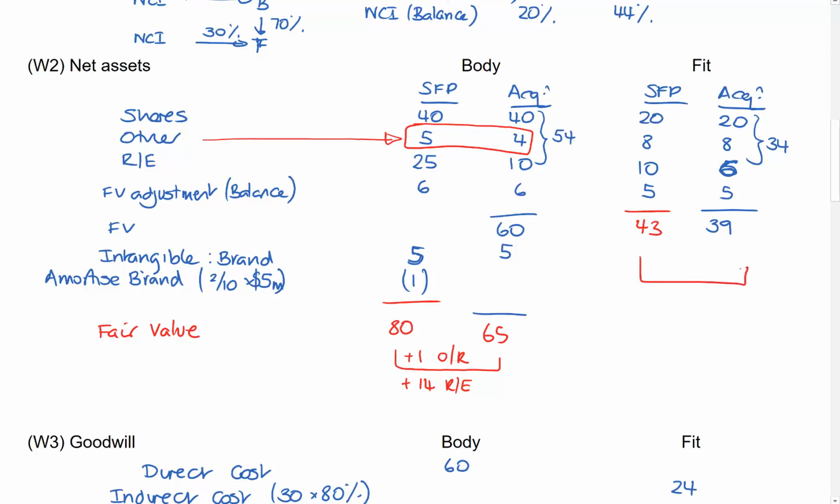How much of that increase is down to other reserves? It's 0. So we can say plus 0 other reserves. And therefore, retained earnings must have increased by 4 during that period.